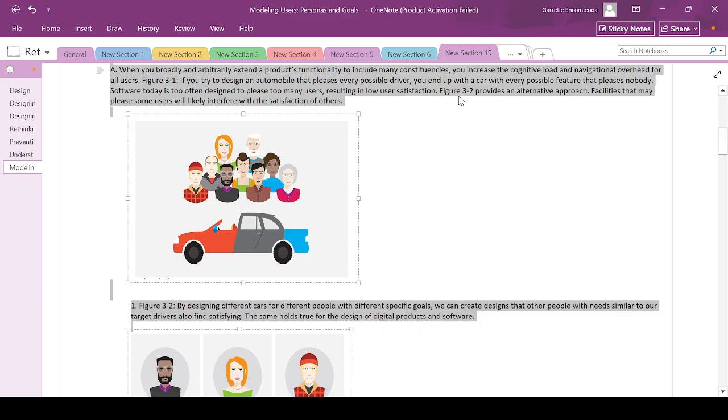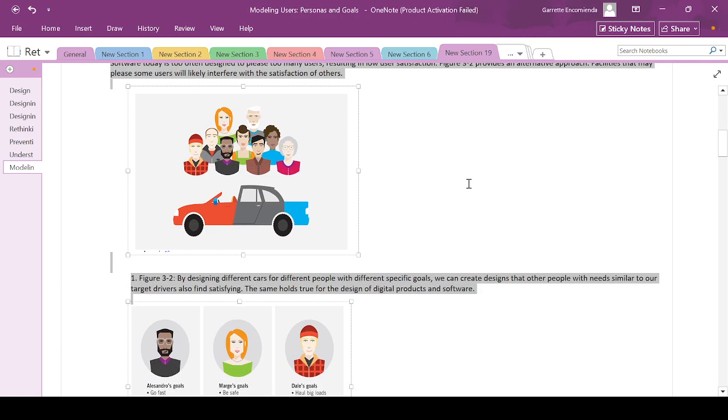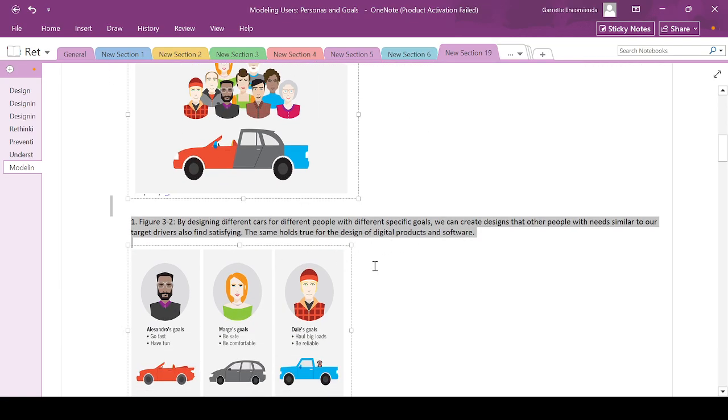So you lose the customer. Software today is too often designed to please too many users, resulting in low user satisfaction. Figure 3.2 provides an alternative approach: features that may please some users will likely interfere with the satisfaction of others.